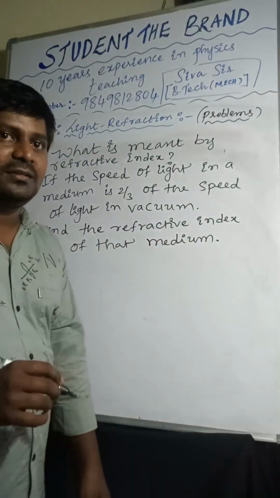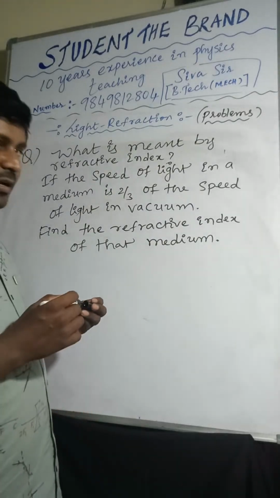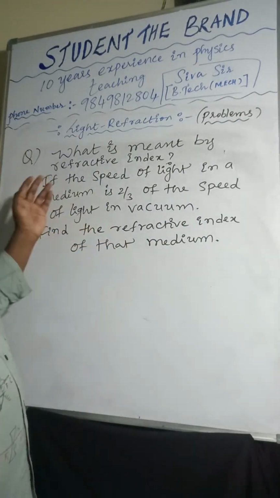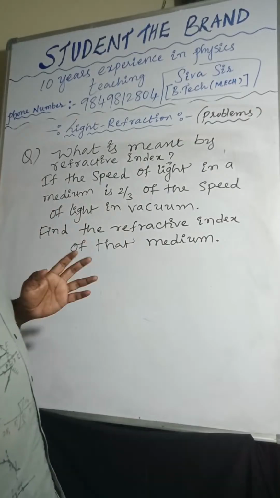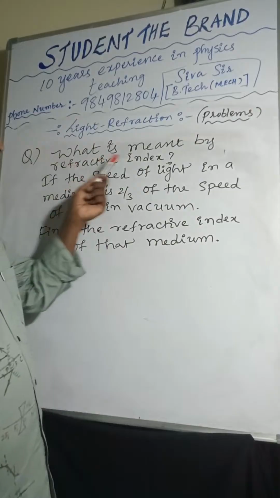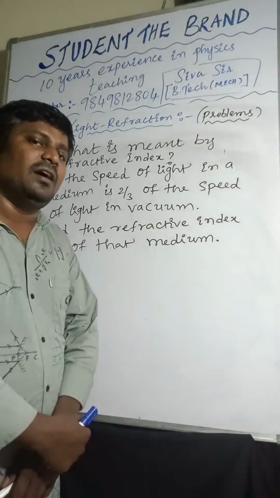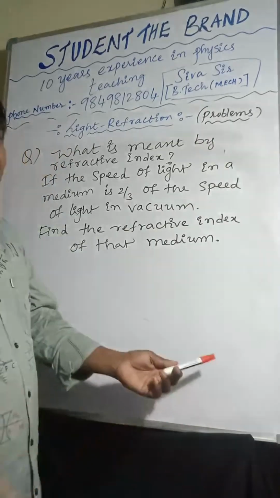Very important. Anybody who knows this answer is welcome to answer. What is meant by refractive index? The ratio of speed of light in vacuum to speed of light in medium is called refractive index.